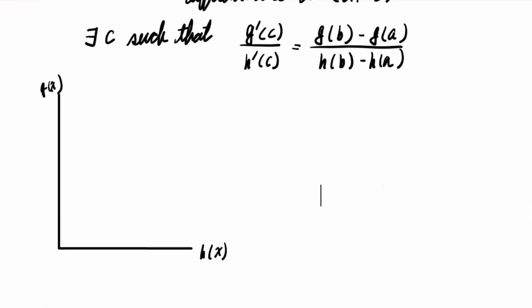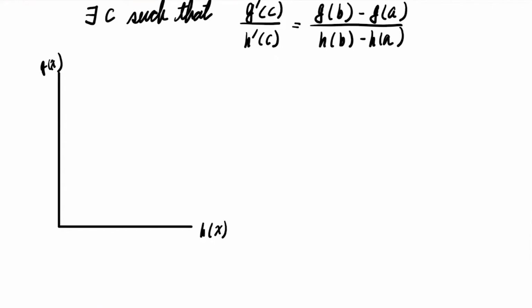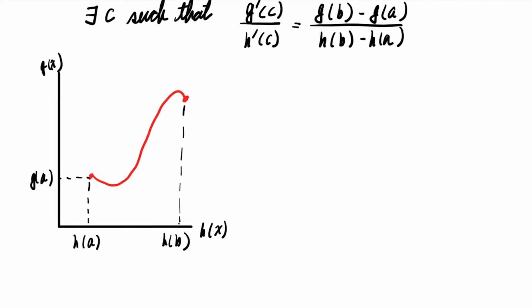This doesn't need to be a function, but in order to make sense, I'm going to draw as if they are functions. So this point right here is h of a, and this point is h of b, this point is g of a, and this point is g of b. And the exact same thing applies.